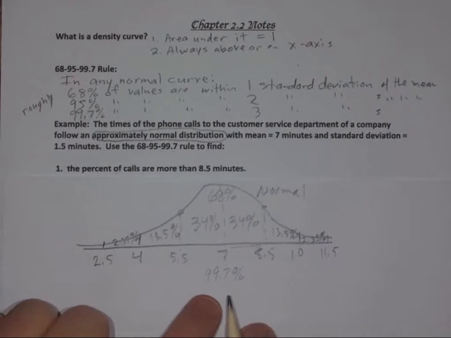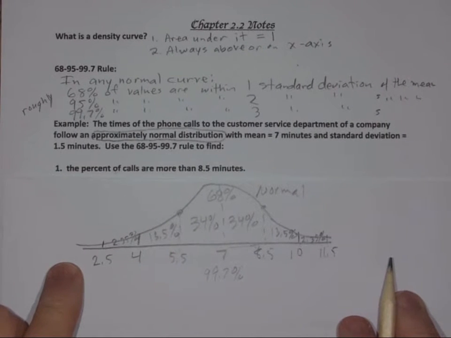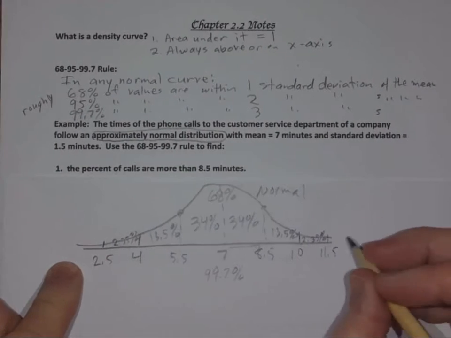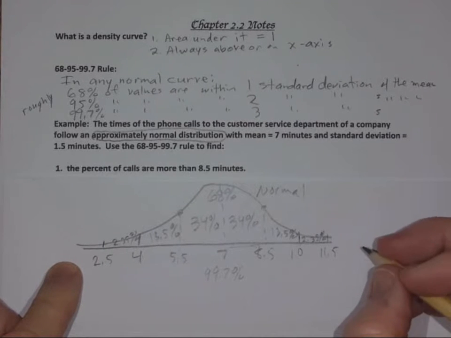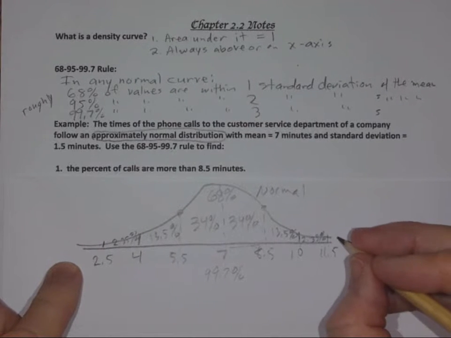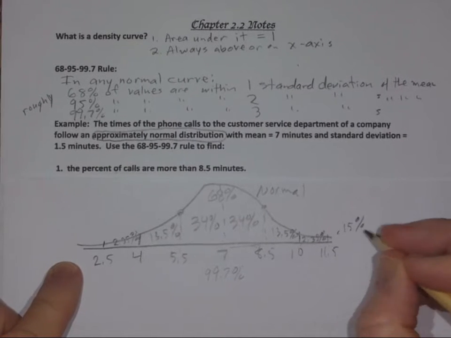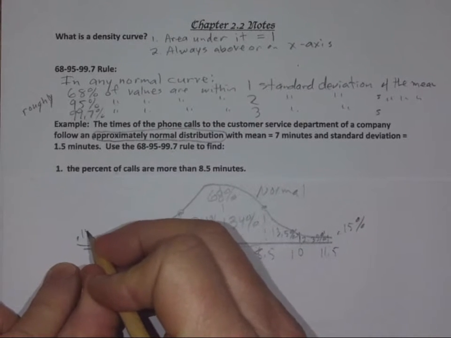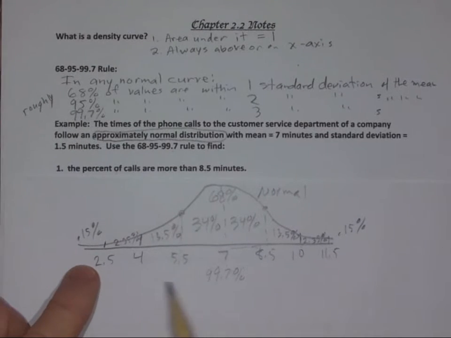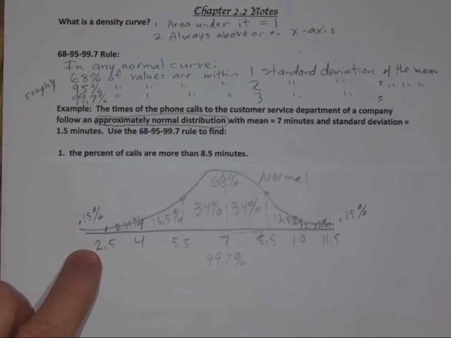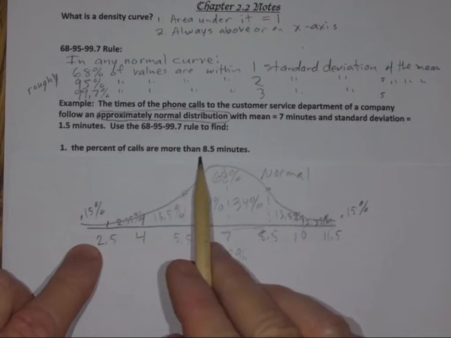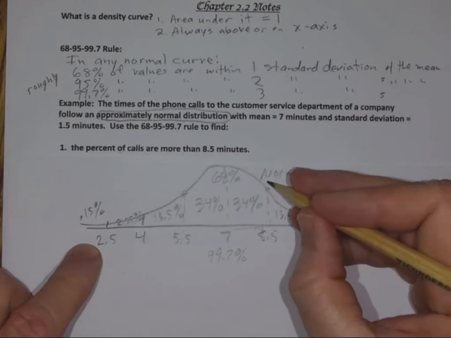And then lastly, I know 0.3% is on the outside. If I divide that by 2, that's 0.15% beyond that. In other words, a very small percent of the curve is outside of that. And so now, what percent of the calls are more than 8.5? I can just add those up.